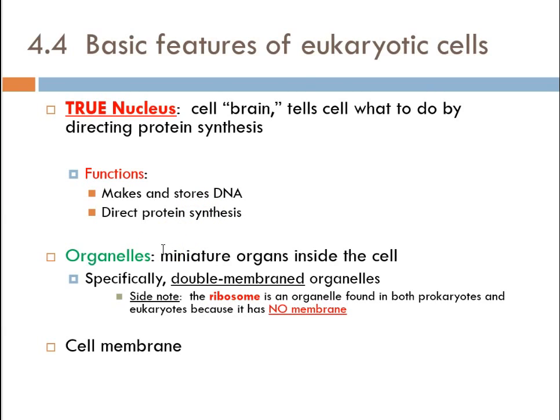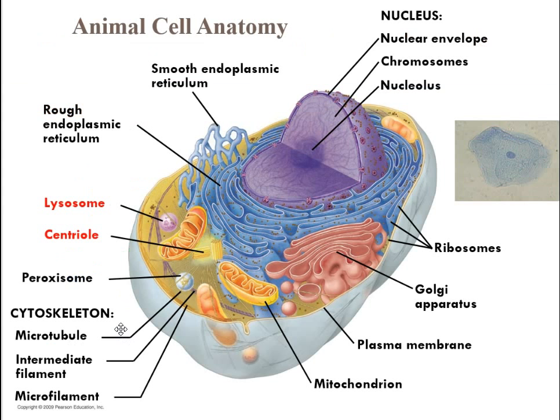The other things that we're going to talk about are these things called organelles. Organelles are small little things inside of a cell that do some type of work. Some will be used for recycling and some will be used for energy, and we'll talk about them in our next video. And then of course the cell membrane. All of these guys are going to have a cell membrane.